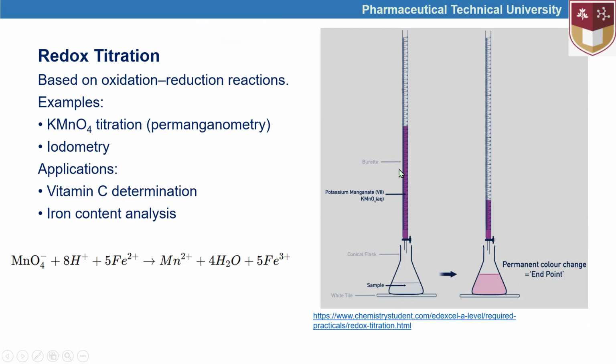I mean, the color of potassium permanganate looks like this, and the color of the solution might look like this. The acidic condition contains iron 2 oxide.